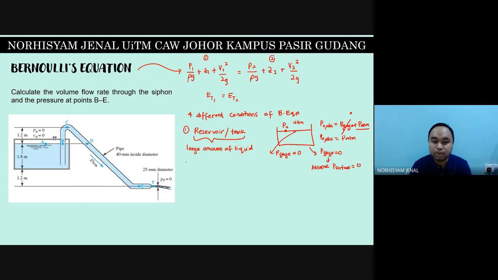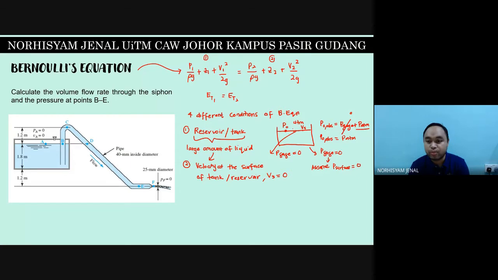Number 2, it also involves a reservoir and tank. If you have a velocity at the surface of a tank or reservoir, it should equal 0 also.